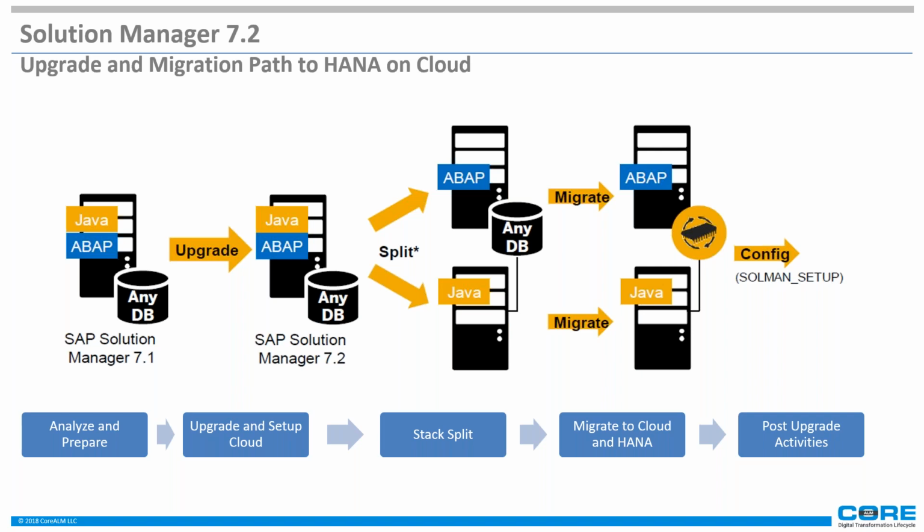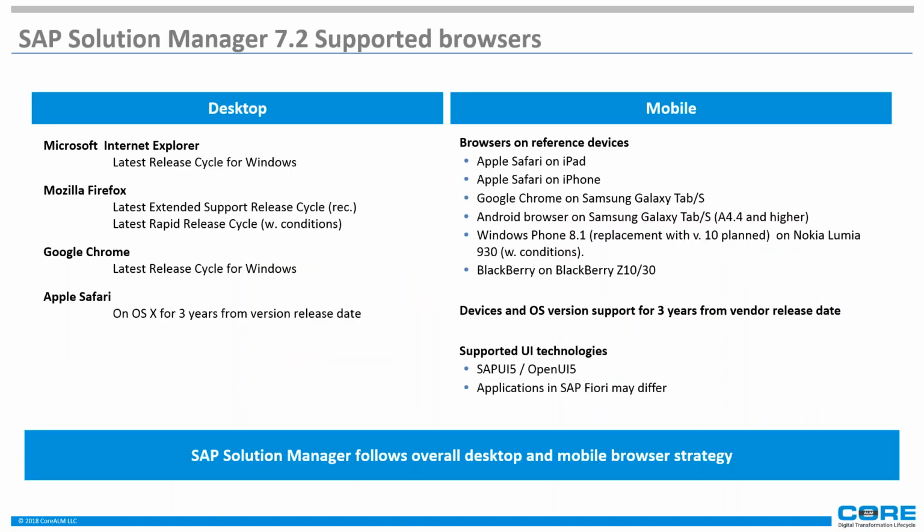But in this sequence, the migration to the cloud, as we said, could be a later activity. So you could run the post-upgrade activities on premise and then move to the cloud. So there are really different options there. But in a nutshell, this is what it is.